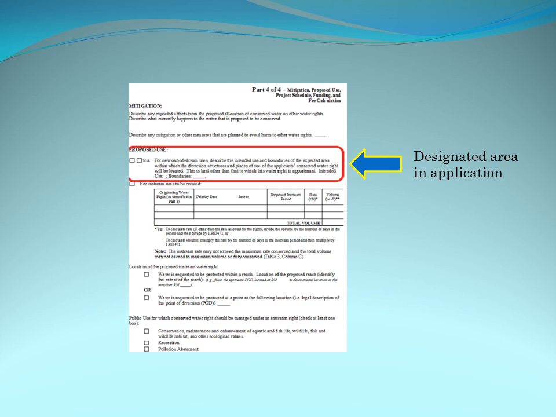So what does this mean? It allows you greater flexibility to use the conserved water. In the original application, you will have identified a broad area where you propose to use the water.